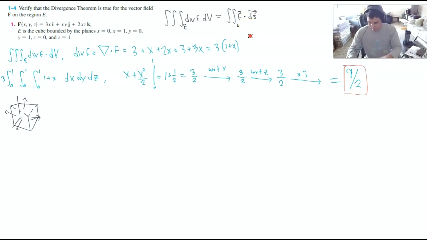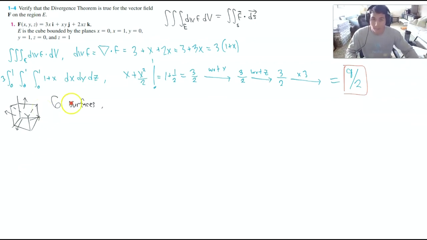Well, with that said, we need to find the integration for the surface. So how many surfaces do we have for a cube? We have 6 surfaces. There's the top, bottom, back, side, front, all those surfaces that we have to integrate.